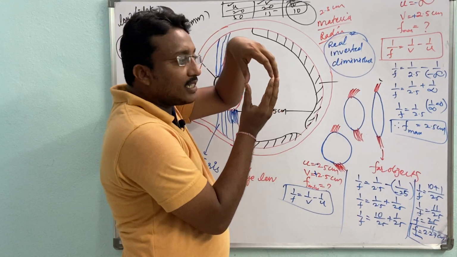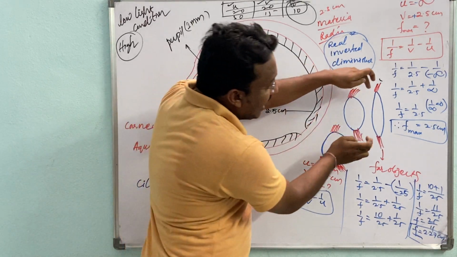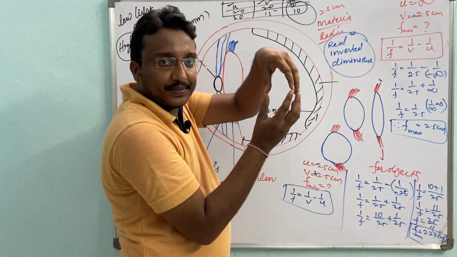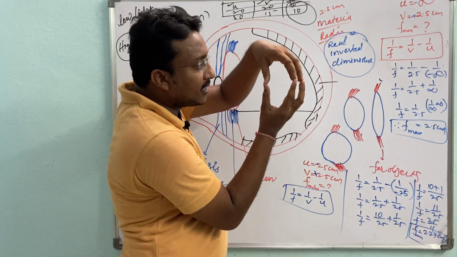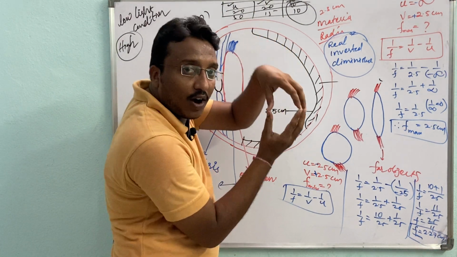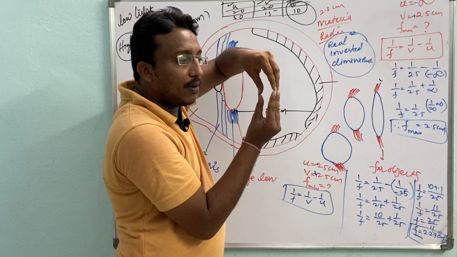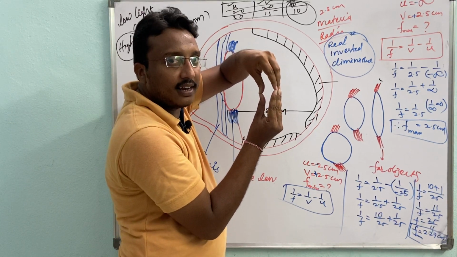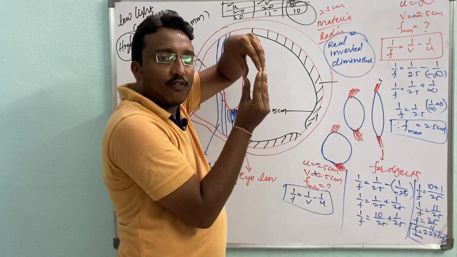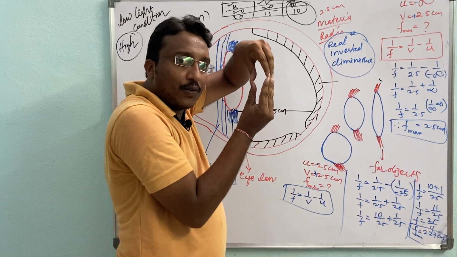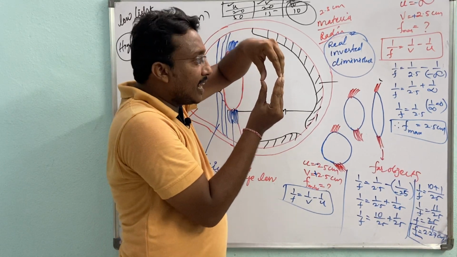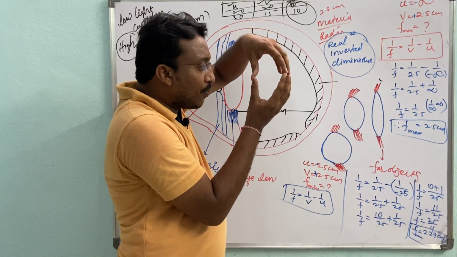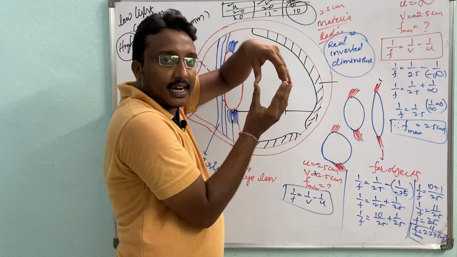When we focus on far objects, the ciliary muscle pulls it, and the lens becomes thinner. And if our eye is focused on closer objects, then the ciliary muscle pushes. It gets strained and pushed.